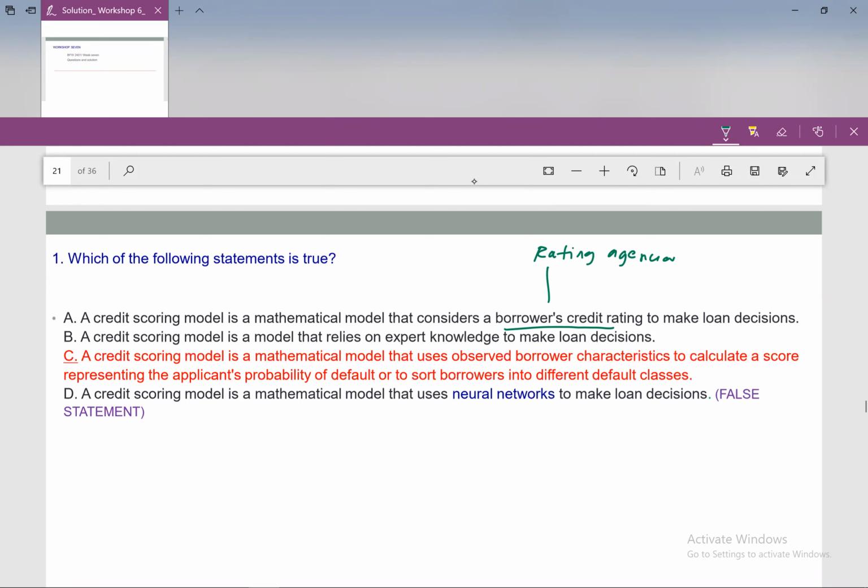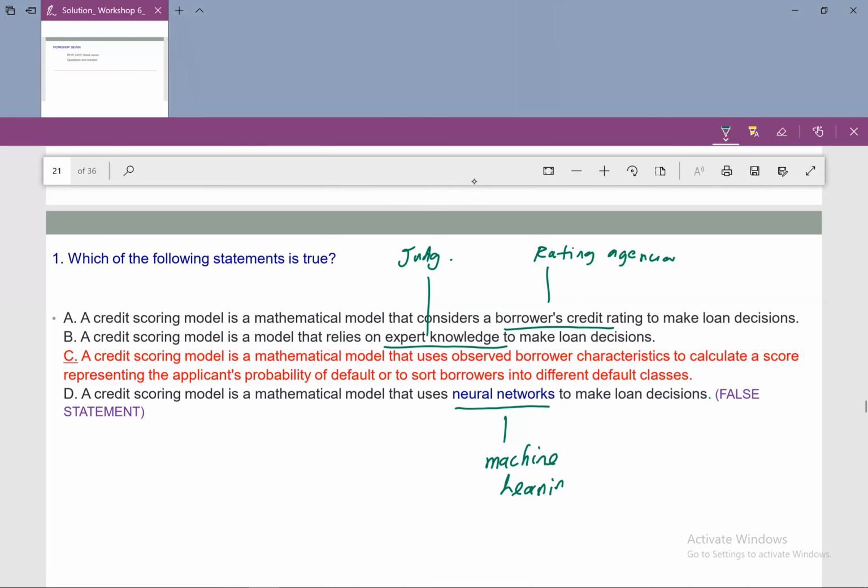And number two, a credit scoring model is a model that relies on expert knowledge. This is no, because this is judgmental. And number four, let's go to D, a credit scoring. This is what we call machine learning.